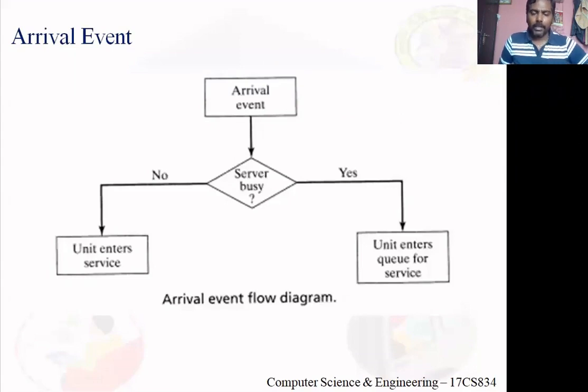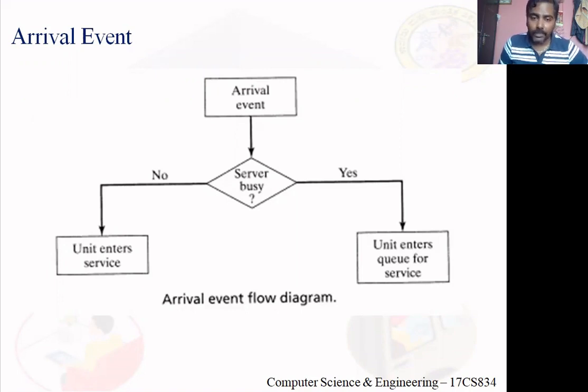In case of an arrival event, when a customer arrives at the bank and the event triggered is arrival, at that point of time you look at the status of the server. Got it? I repeat, you need to look at the status of the server in case of an arrival event.